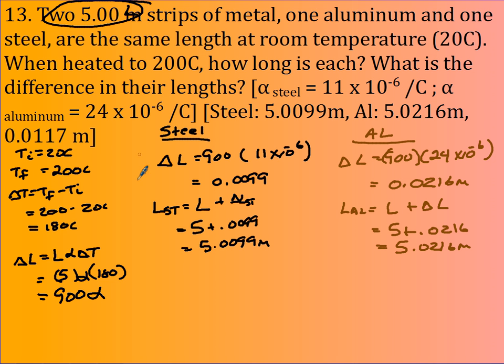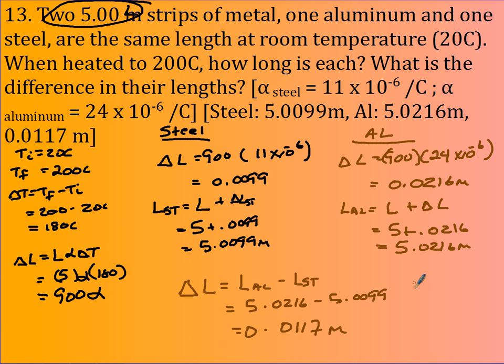All right, what's the difference in their lengths? So delta L is going to be L for aluminum minus L for steel, because aluminum's larger: 5.0216 minus 5.0099, and I get 0.0117 meters.